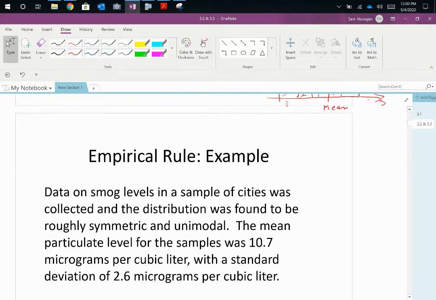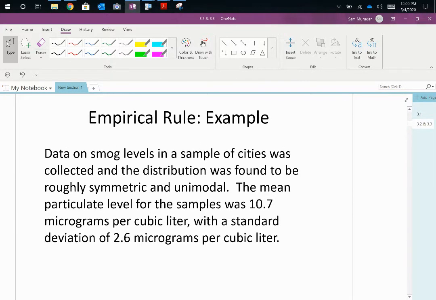Here's an example. Data on smog levels in a sample of cities was collected, and the distribution was found to be roughly symmetric and unimodal. This is given. The mean for the sample is 10.7 micrograms per cubic meter, and the standard deviation is 2.6.